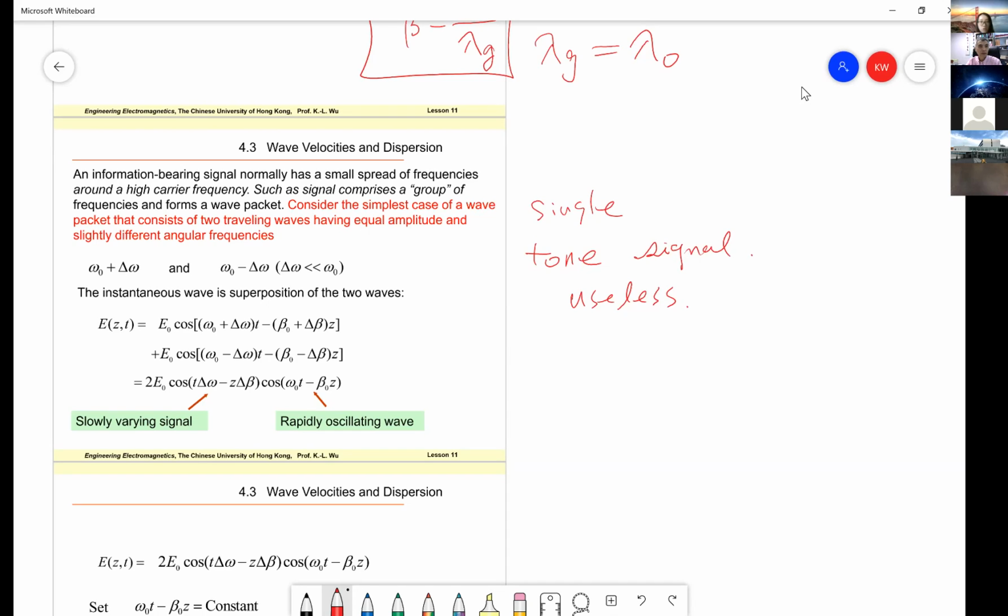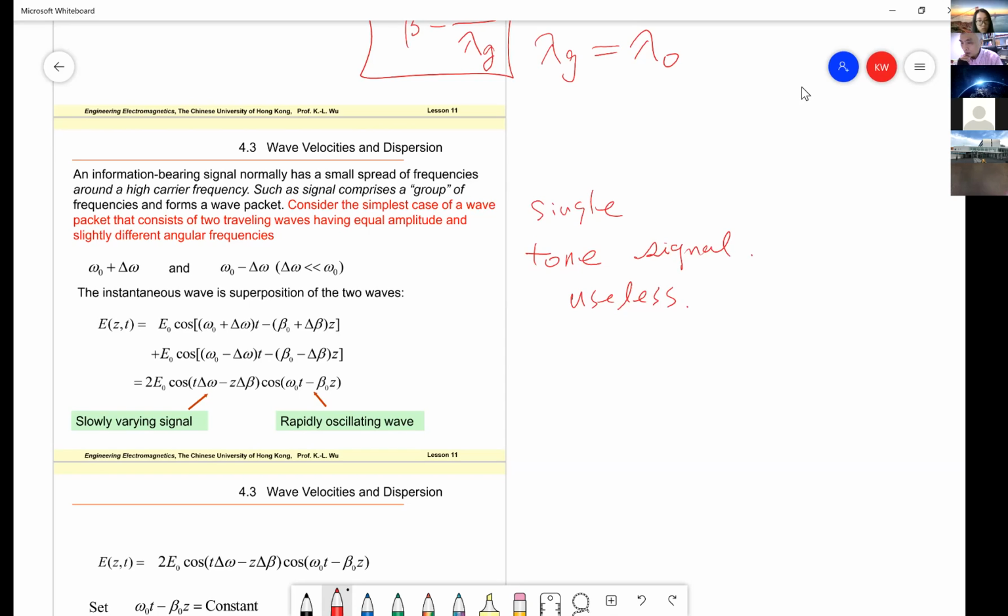That's it, no more. So we always talk about broadband. That means the wider the bandwidth, the more information you carry. Even the Morse code has a certain bandwidth.